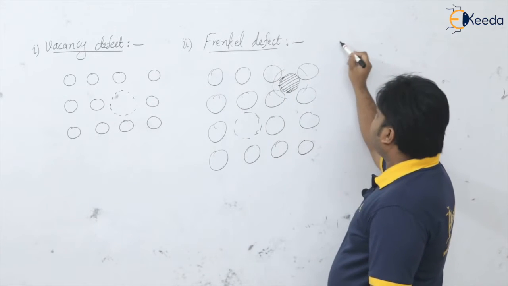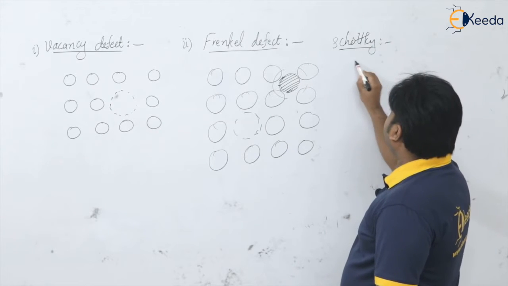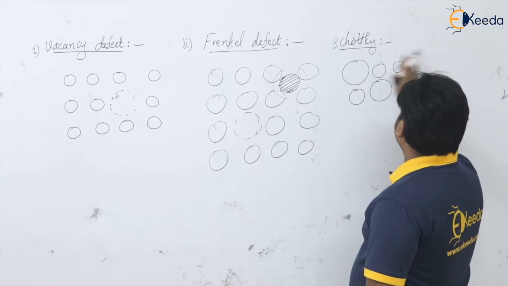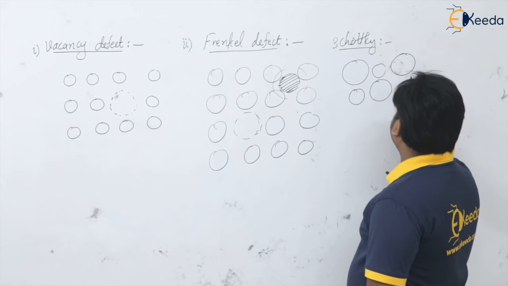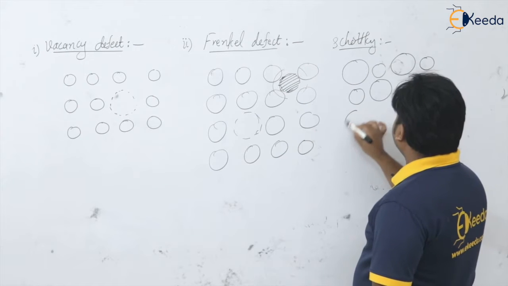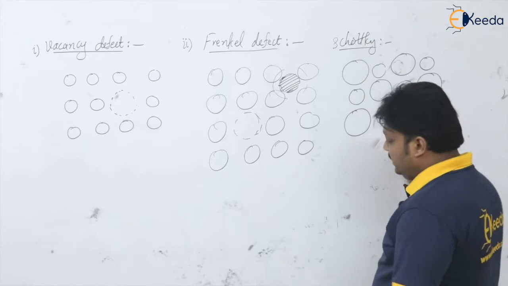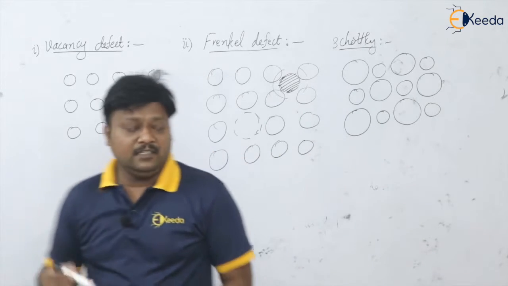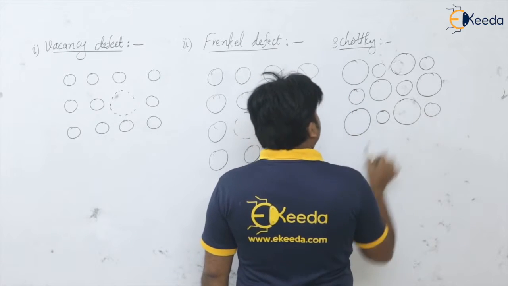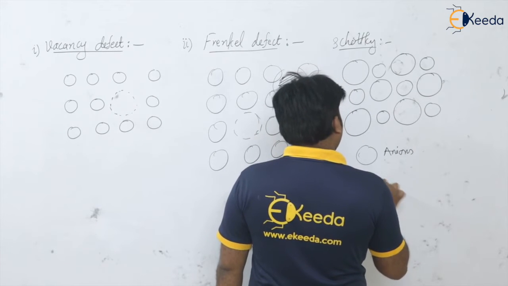And in Schottky defect, as you have these anions and cations, big are the anions, smaller are the cations, we know it, isn't it? So from this ionic arrangement or ionic material, the bigger ones are the anions and smaller are the cations.